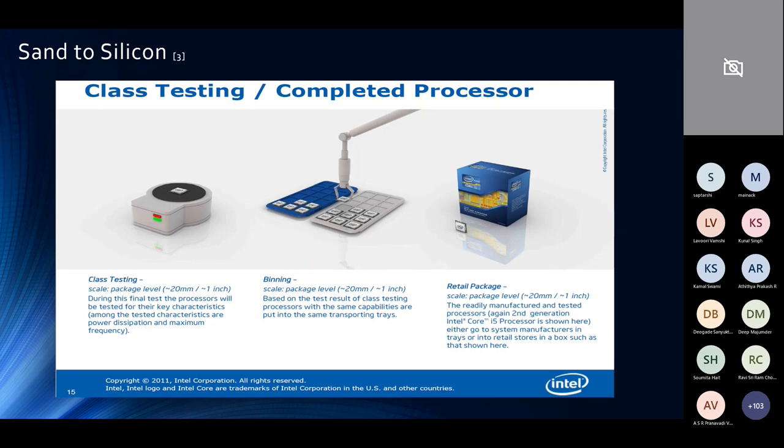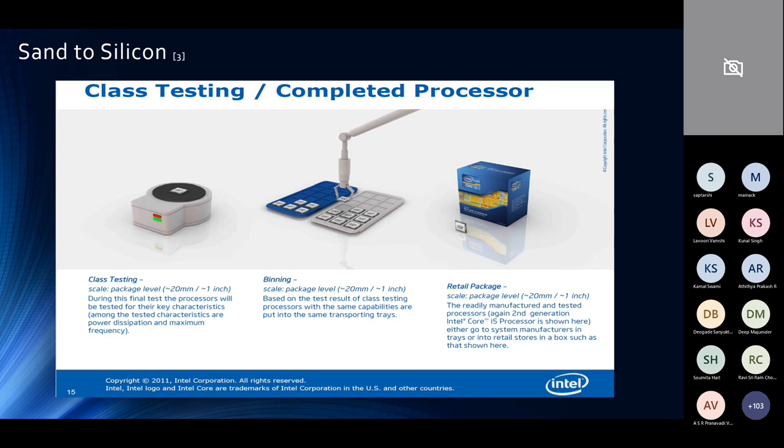So you kind of bucket them based on what their frequency specs or frequency ranges are. And then you can sell them at different price points. So that's called binning. So after you do all of that, it eventually gets packaged into this nice box of retail packaging and then gets sold at the market, okay?